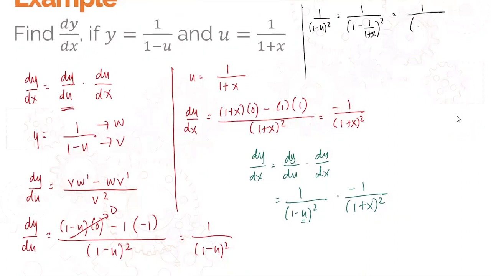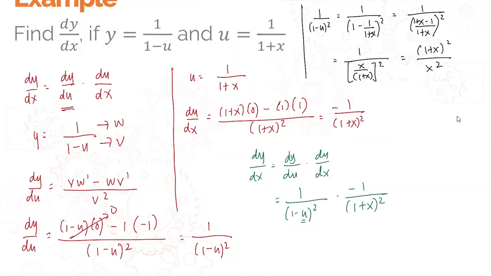So, we have 1 plus x, tapos, itong 1 plus x minus 1 squared. Simplify natin. So, we have x over 1 plus x squared. So, to pwede maging 1 plus x squared all over x squared.